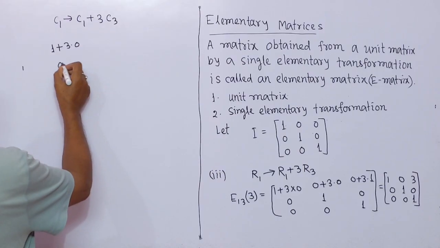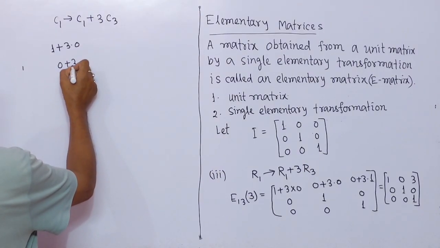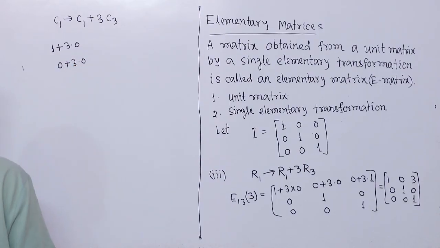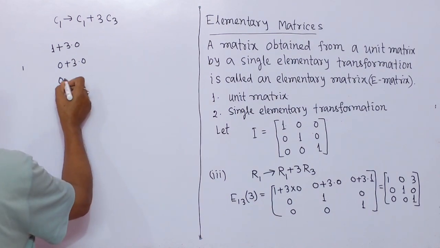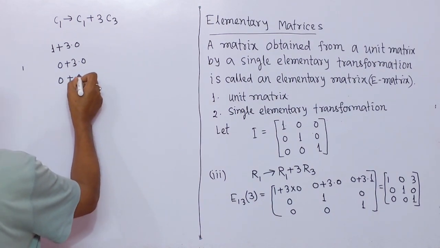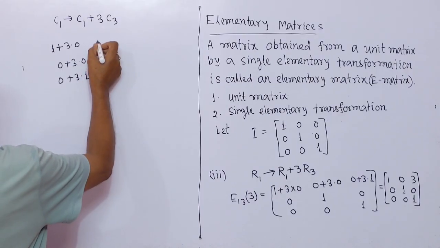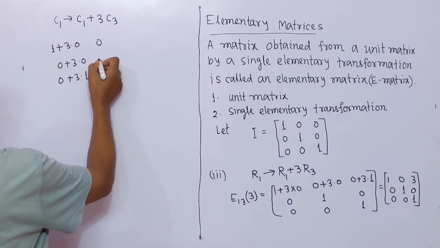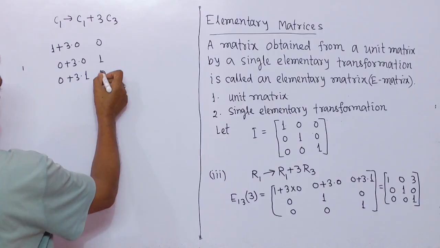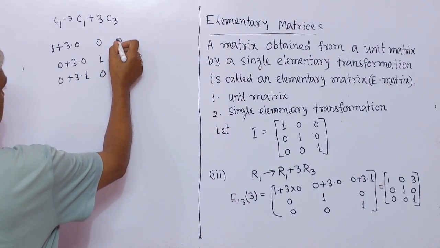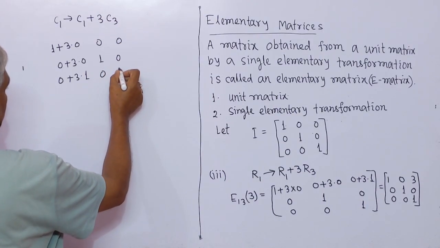Here 0 plus 3 into 0, 0 plus 3 into 1, and the other columns remain the same.